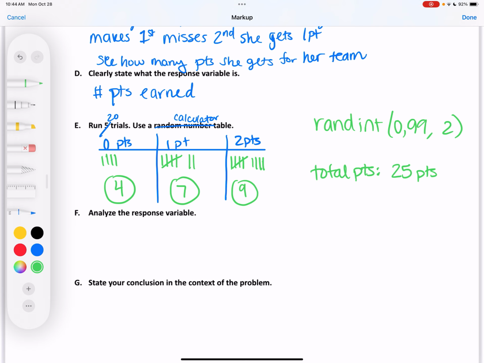So you're saying multiply the 2 pointers by 2 and then add that to the 1 pointers? Okay.